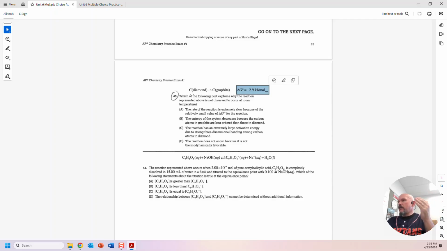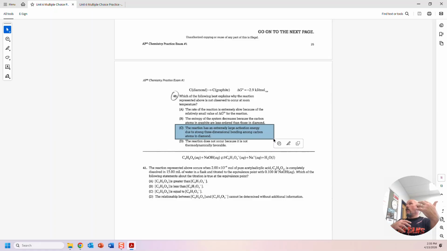So we have a thermodynamic process that isn't happening. Why is that? You have a reaction that's thermodynamically favored, but it's not happening. High activation energy. The reaction must have an extremely high activation energy.